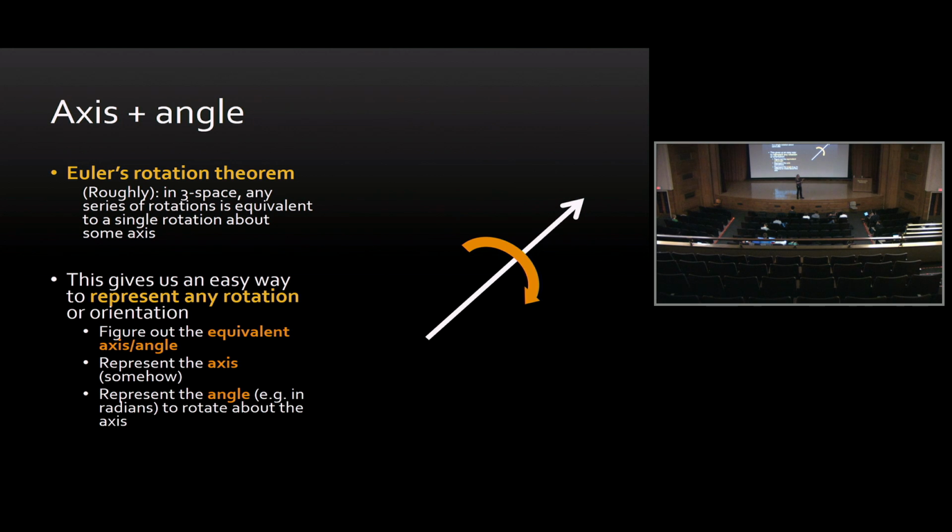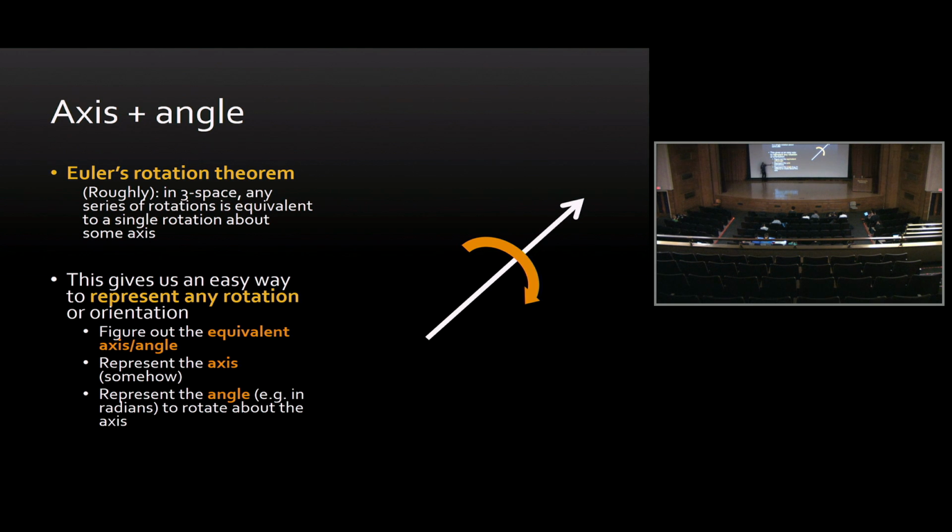So if you take an object and you spin it around in some arbitrary sequence of rotations, the end result is the same as if you just rotated it around one axis by a fixed angle. Now, figuring out what that one axis is and what the rotation around it is, that can be a pain in the ass. But Euler proved that there had to be an axis angle decomposition of whatever the final rotation was.